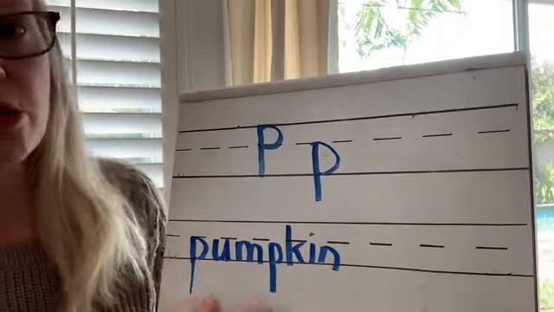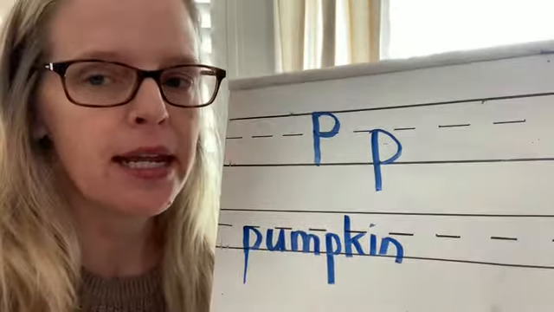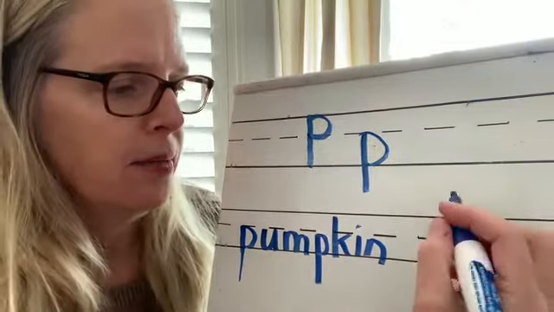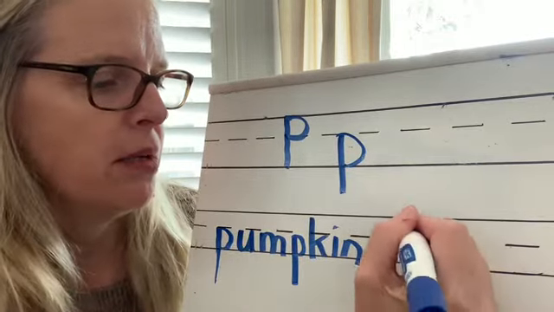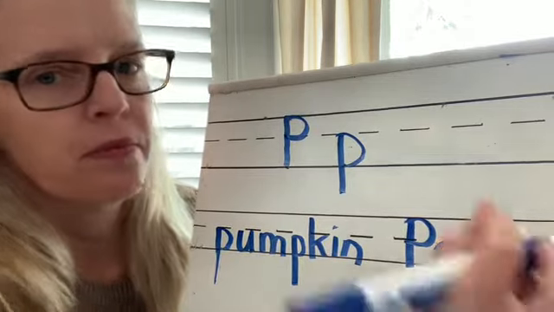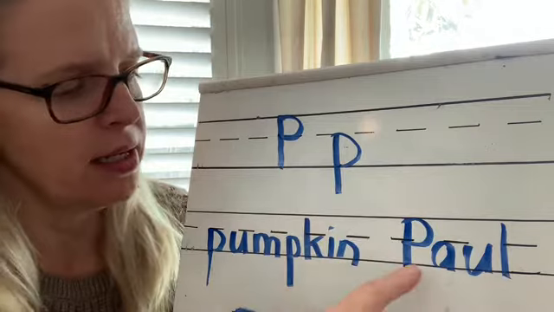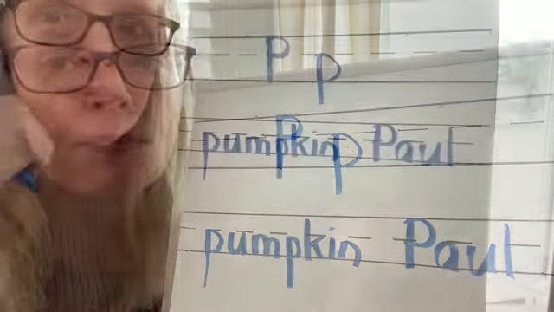We've got two lowercase p's in pumpkin, right? Now, let's look at a name that has a capital P in it. I'm thinking of Paul. Capital P. A-U. Oh, and see where the capital P is on the line? So that's why it just depends on where you place it. You can see the difference, okay?